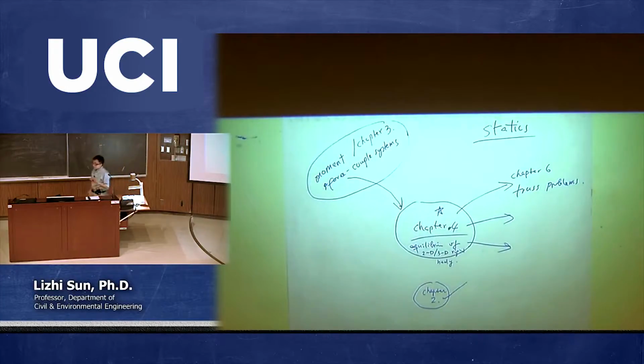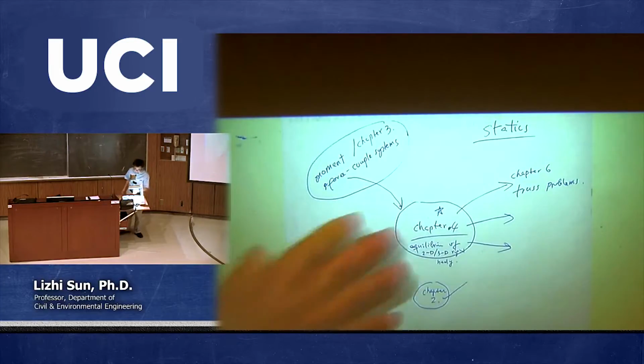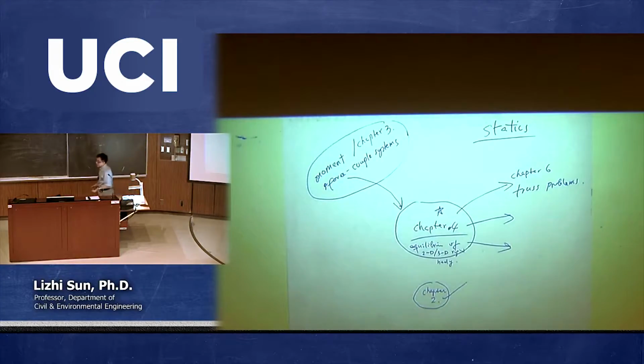As a first step, we need to calculate reactions. That's exactly chapter 4. But after we get all the reactions for the given 2-dimensional truss structure, our next job is to calculate the internal forces. Okay, which I'm going to go over a little bit later on.